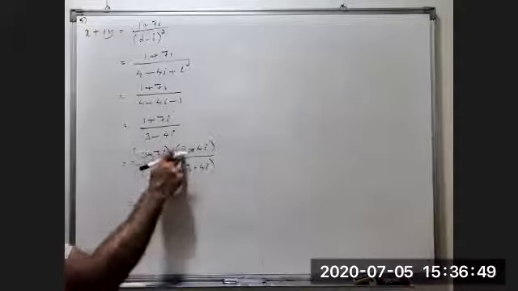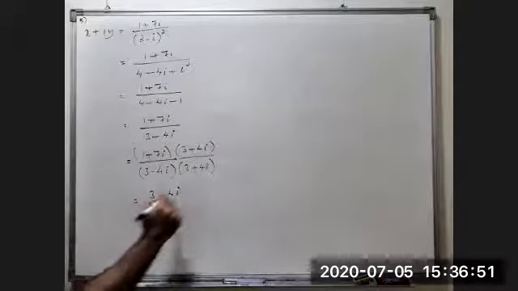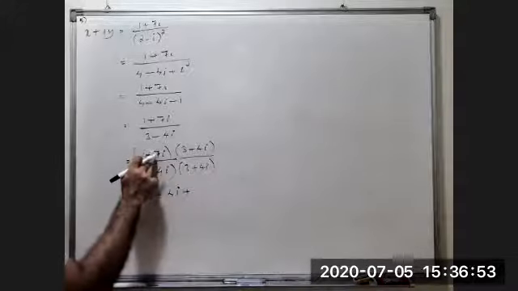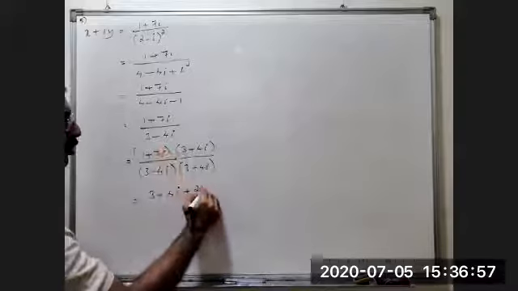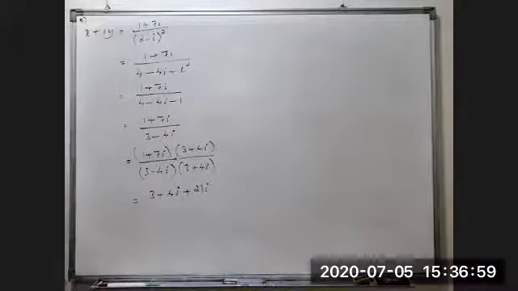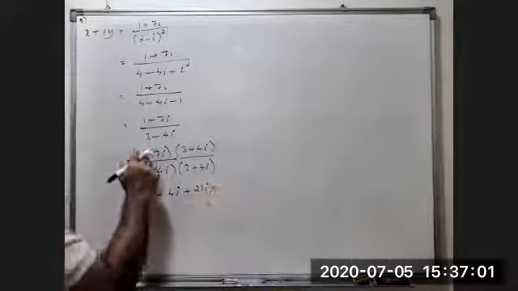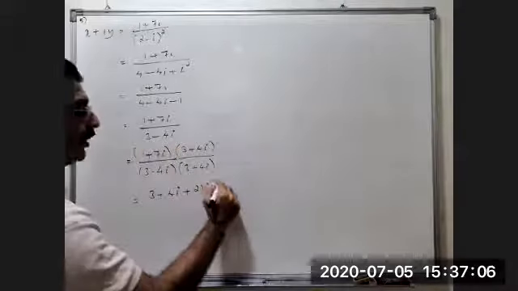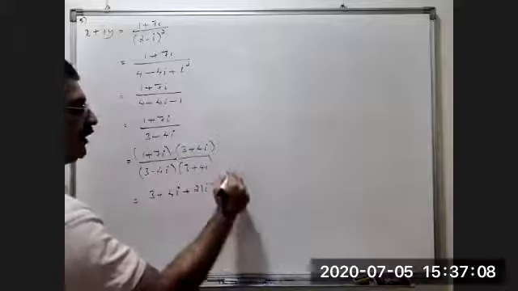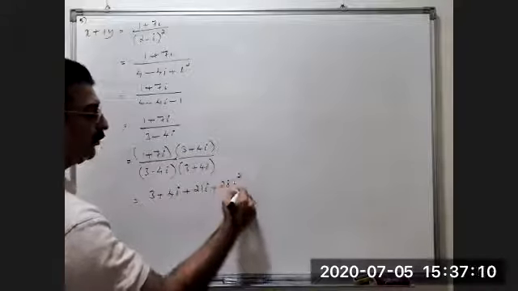Plus 7i multiplied with 3, 7 3s are 21i, plus 7i into 4i, 7 4s are 28, i into i is i squared.